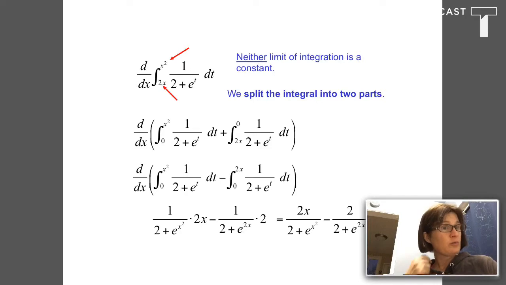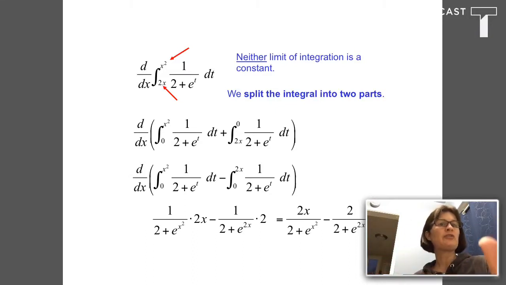All right, here's one more variation, the way we can get around those rules. If I want to take the derivative of an integral, but neither the upper limit nor the lower limit is a constant, they both happen to be functions of this variable that I'm differentiating with respect to, I can use one of those other definite integral properties to get around this. So I can split up this integral.